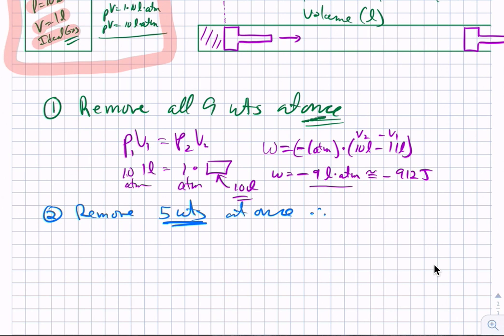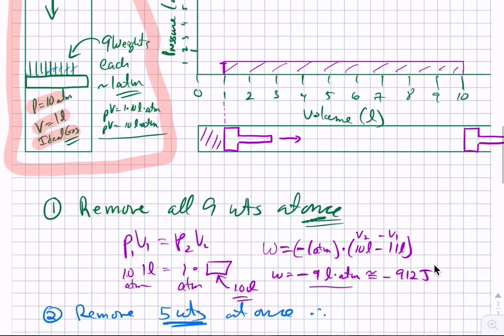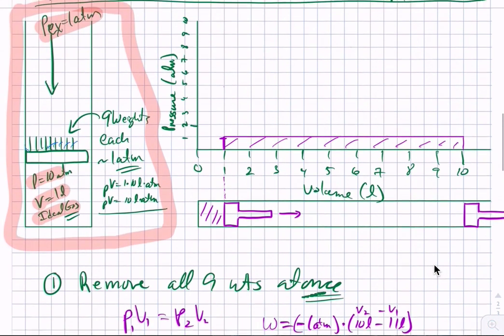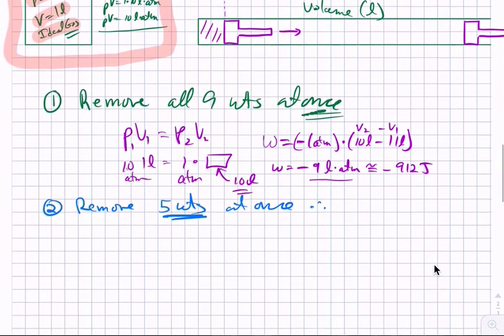And if that's the case, if we remove 5 weights, how many weights are left? We'll take 1, 2, 3, 4, 5 weights will be removed. 4 weights will remain on that piston plus the external weight. So we're going to push against 5 atmospheres.